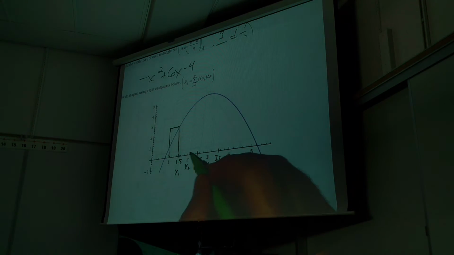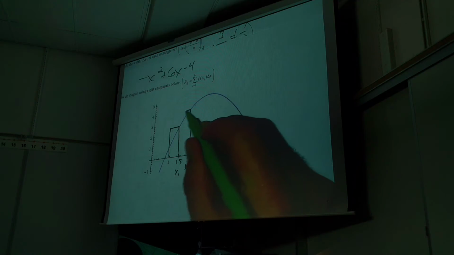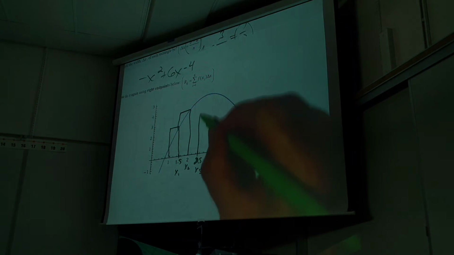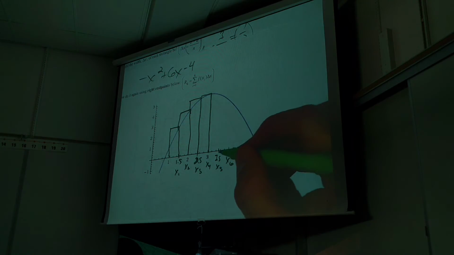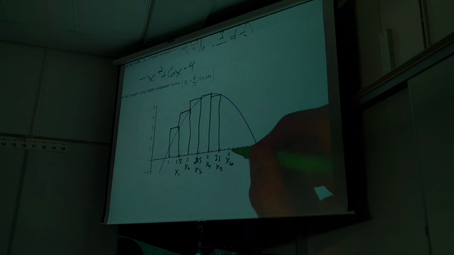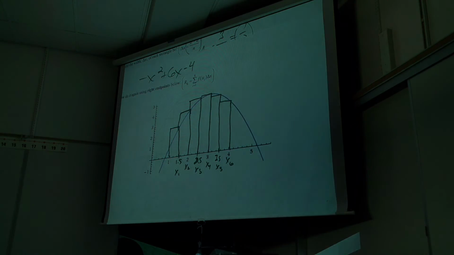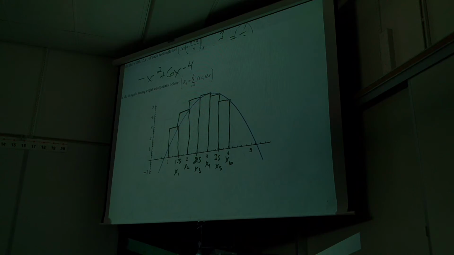Then the next rectangle is going to be governed by the height at 2, and then at 2.5, 3, 3.5. We get the idea, Joe? Okay. So that one is mostly overshooting it. So that's why the average comes out pretty nice.